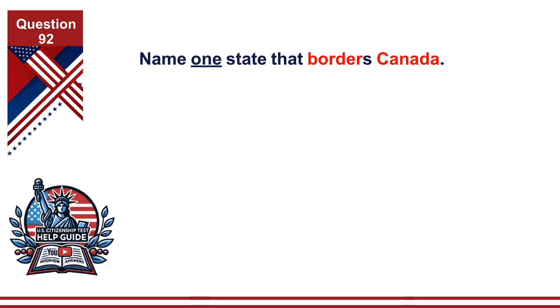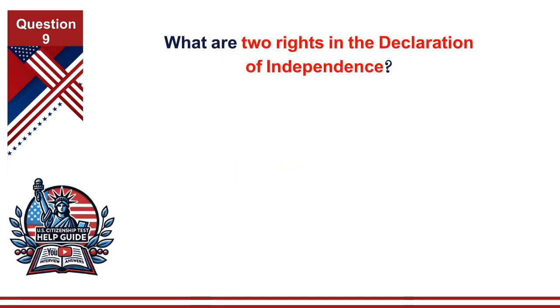Name one state that borders Canada. New York. What are 2 rights in the Declaration of Independence? Life, liberty.